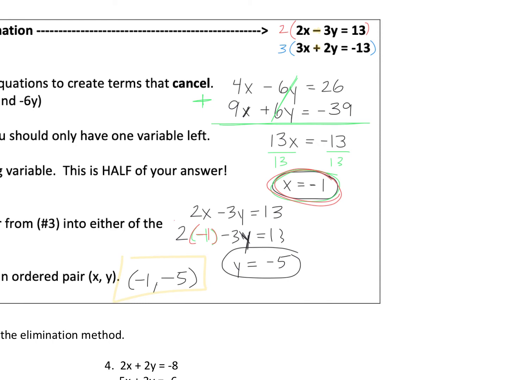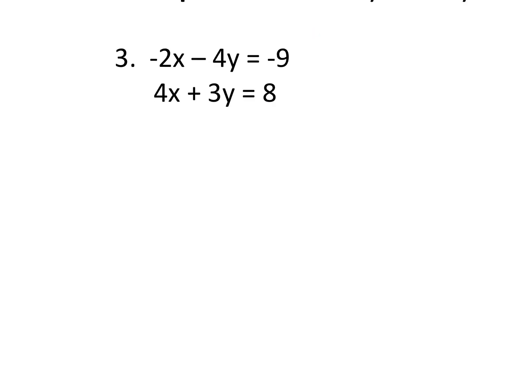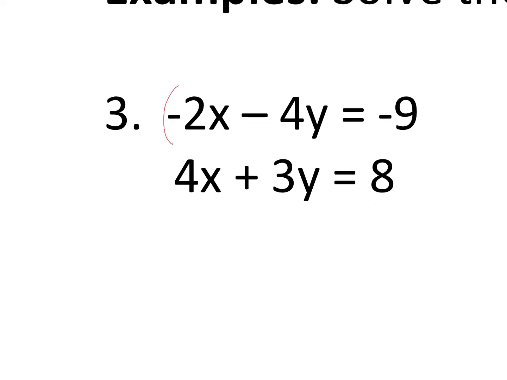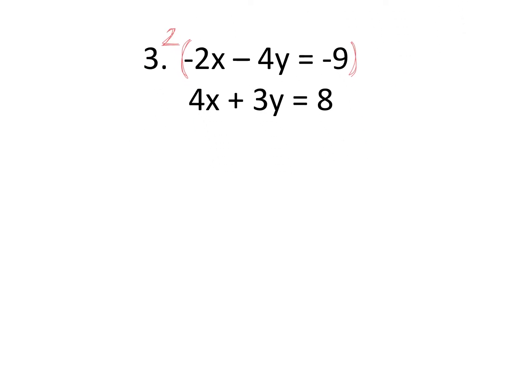So again, the tricky part is figuring out what to multiply by, because then it should be negative 4x, positive 4x. So I multiply this one by positive 2. Then I'm going to rewrite my whole system with a big arrow.